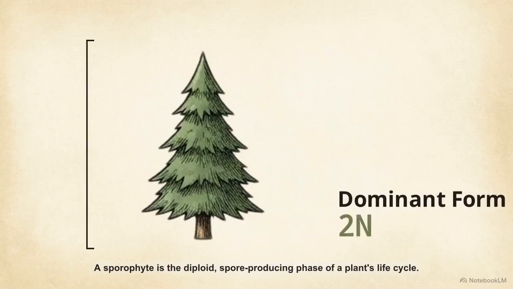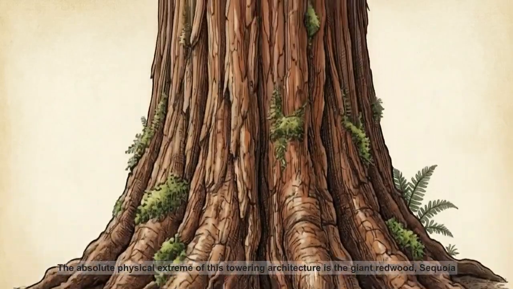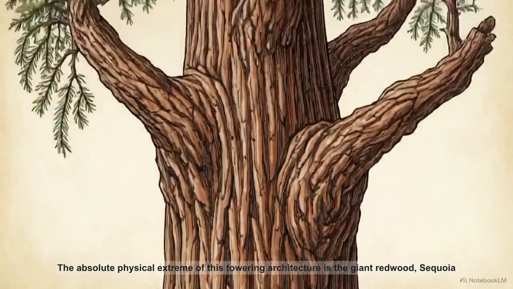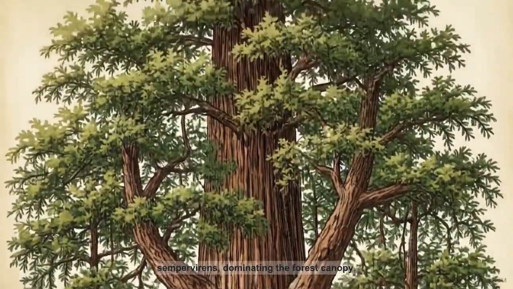A sporophyte is the diploid, spore-producing phase of a plant's life cycle. The scale variance within this group is massive, ranging from dense knee-high shrubs to the tallest living organisms on Earth. The absolute physical extreme of this towering architecture is the giant redwood, Sequoia sempervirens, dominating the forest canopy.